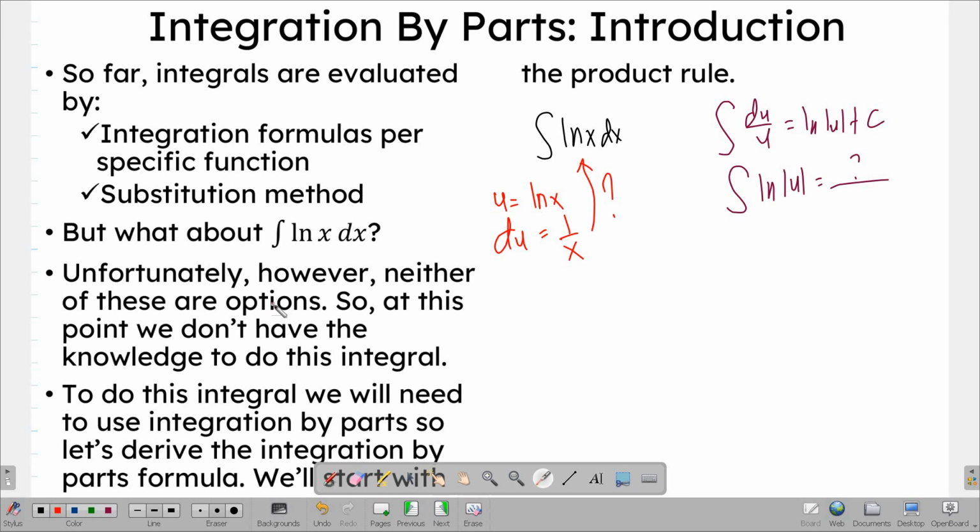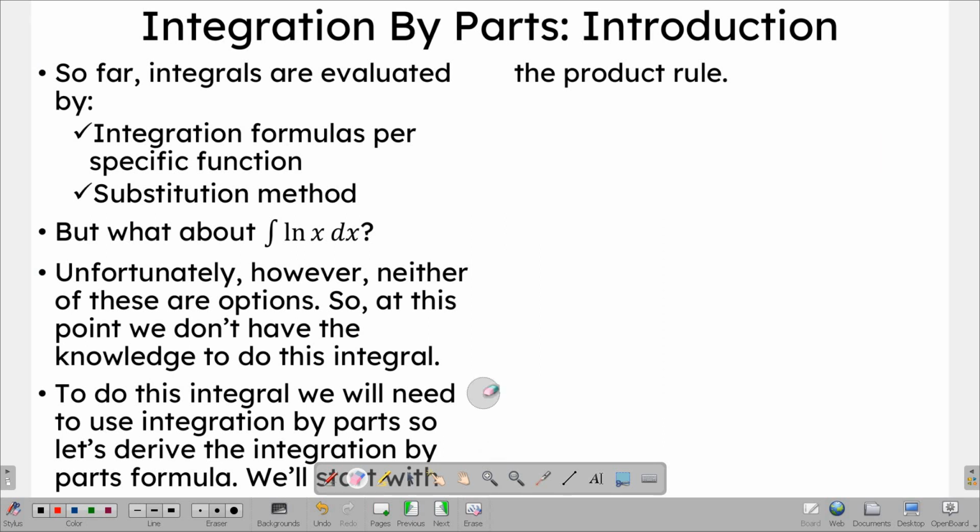So if we face such integrals, the next thing we do is integration by parts. And we're going to start with integration by parts from the product rule. Let's clear this up. So the product rule for finding the derivative: let u and v be differentiable functions of x.